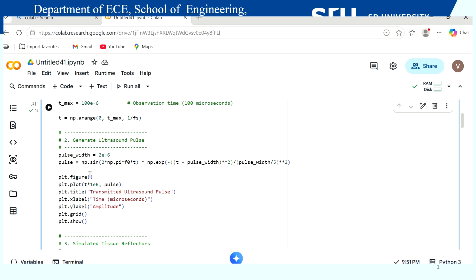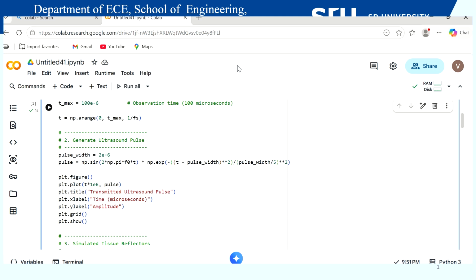The pulse is equal to np.sin(2 pi f naught t) times np.exp(-((t - pulse_width) squared) divided by (pulse_width / 5) the whole squared). And this is the Gaussian modulated sine wave.